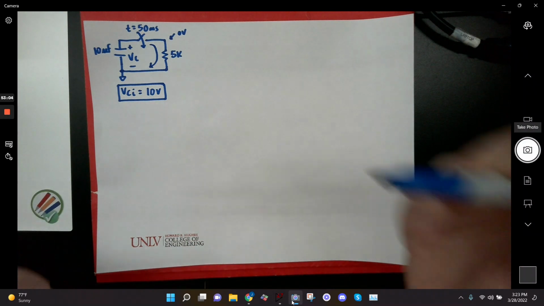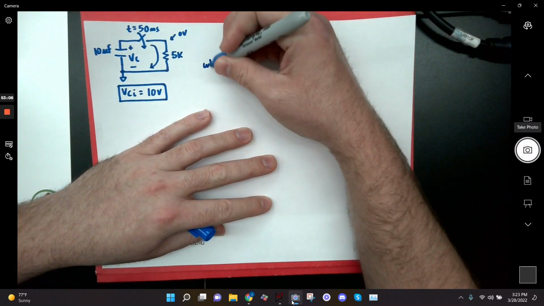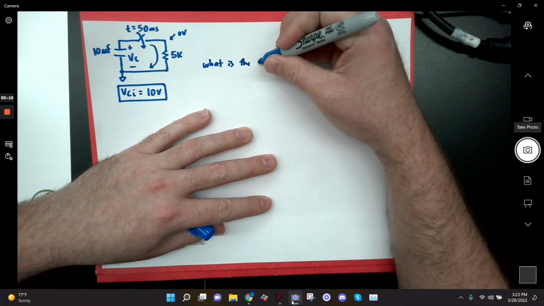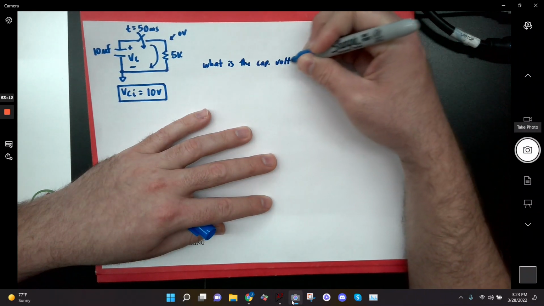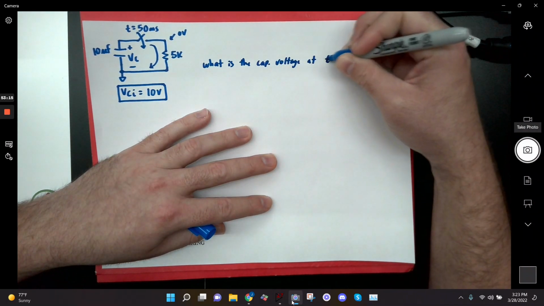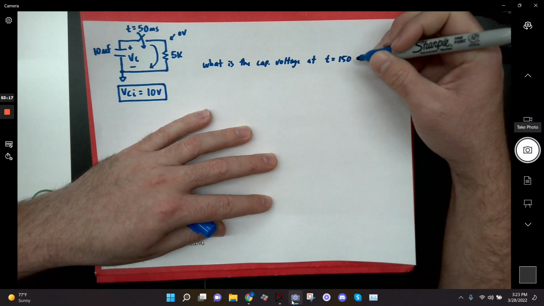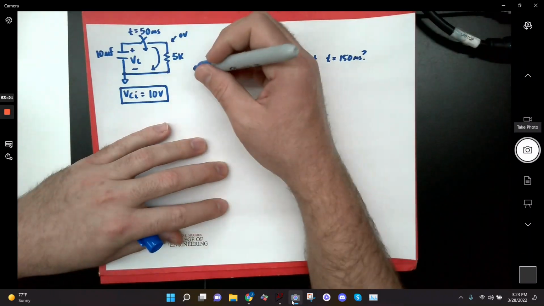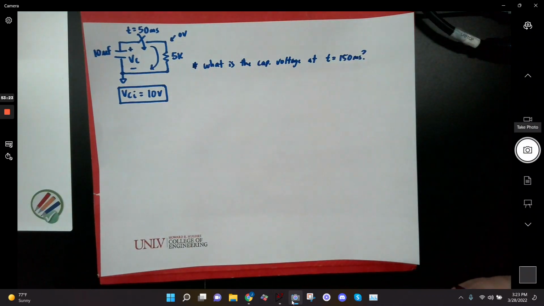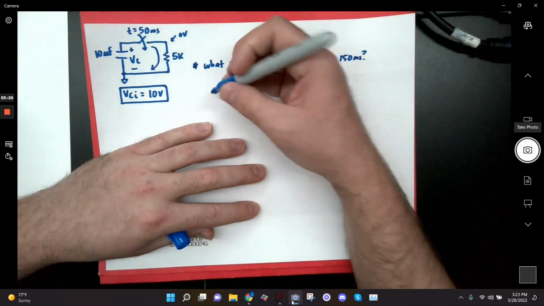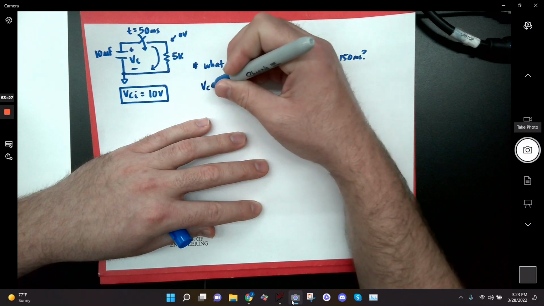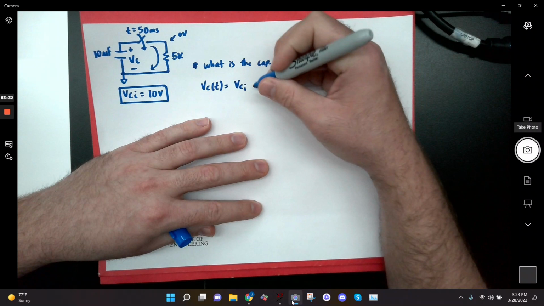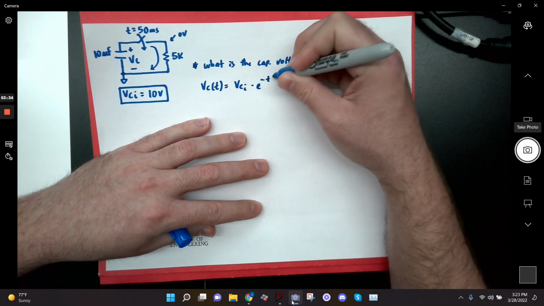But let's say I asked, what is the cap voltage at t equals 150 milliseconds. All right, I could potentially ask something like that. And so in this case, you would say, oh, okay, well, I know my discharging equation, VC of t is equal to the initial cap voltage times e to the minus t over tau.